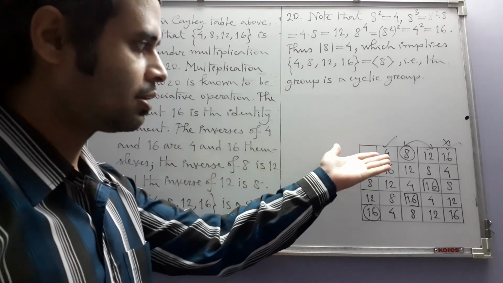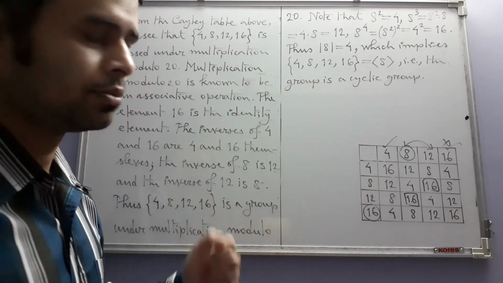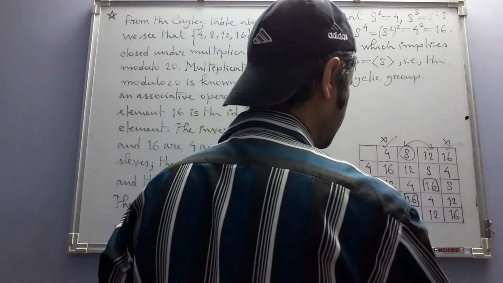So that means the order of 4 is 2, it's not 4. So 4 cannot be a generator.